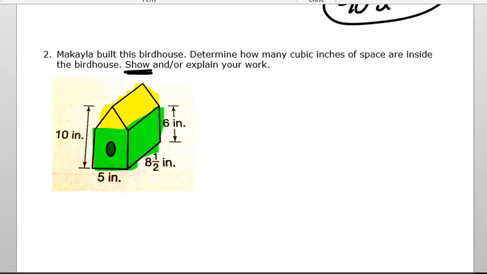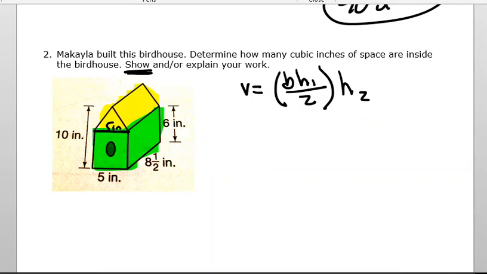So I'm going to write my volume equation. Volume is equal to... mistake. Okay. So I'm going to go ahead and fill this in, and I know that this here is 5 inches.